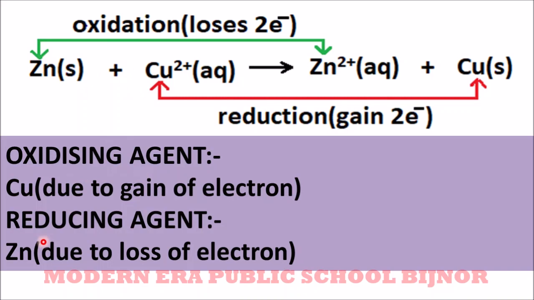So the substance which supplies electrons, the donor of electrons, is always the reducing agent, and the one which gains electrons is the oxidizing agent. So in this reaction, Cu2+ is gaining 2 electrons, so it is said to be the oxidizing agent, and zinc is removing the electrons, so it is said to be the reducing agent.